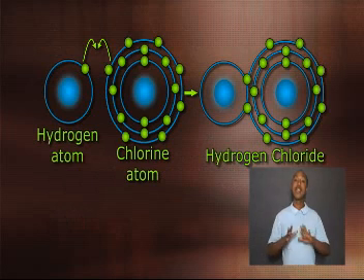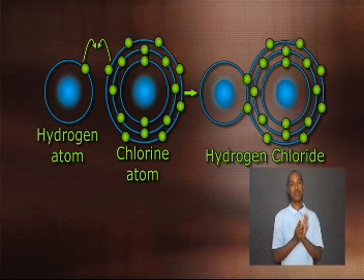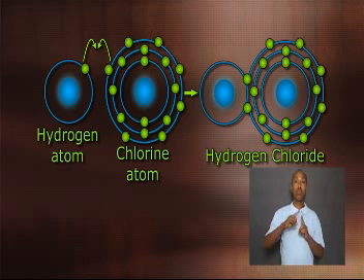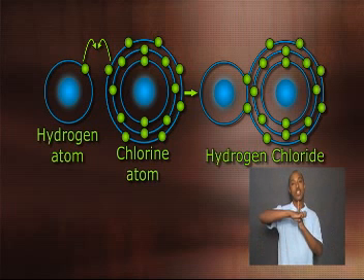Let us look at a hydrogen atom and a chlorine atom as an example. These two atoms are attracted to one another because if they share an electron, then both will be able to attain a stable electron configuration.